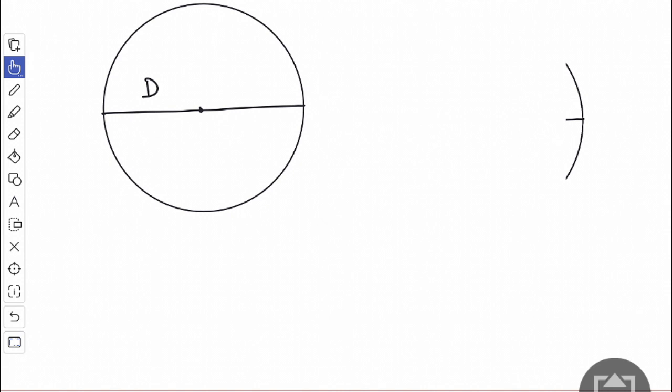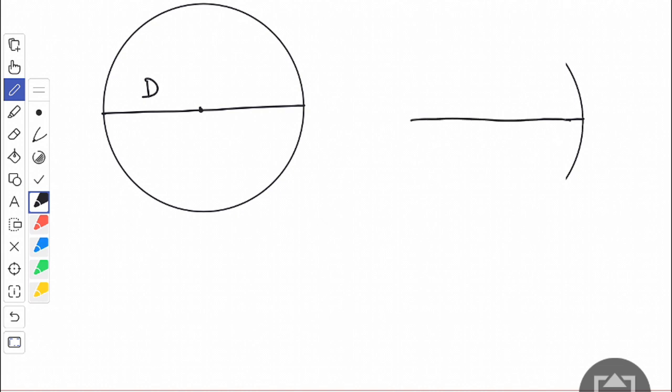What we do is we create a concave mirror from this, right? So this is the concave mirror, and when there's an object which is at infinity, which means it's very, very far, the rays of light from here are going to be parallel. Don't think the object is here.